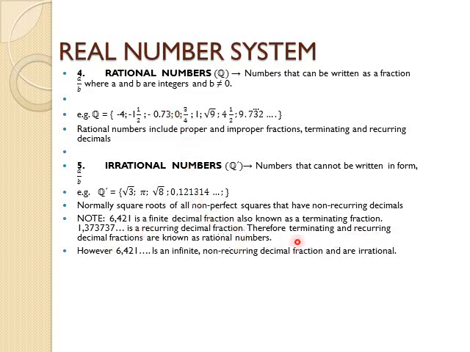Therefore, terminating and recurring decimals are rational numbers. However, if I write 6.421... it is infinite, meaning a non-recurring decimal fraction, and therefore considered irrational. So don't get caught out with that. That in short is the number systems and the different types of numbers that we must be able to classify.